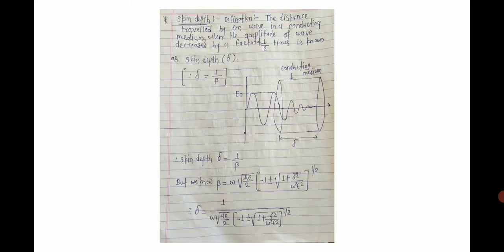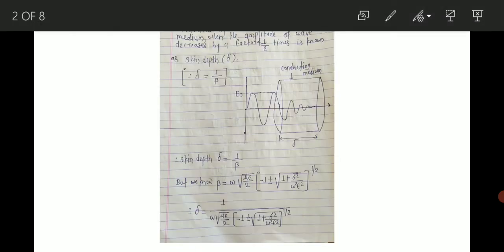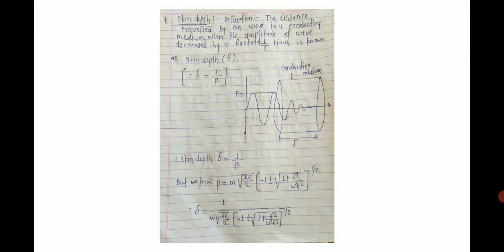Since beta was the denominator and is transformed to the numerator, the power of this bracket term changes from plus to minus.